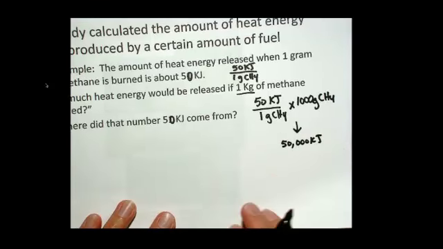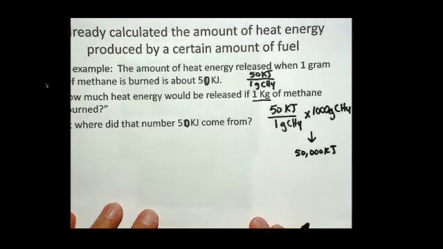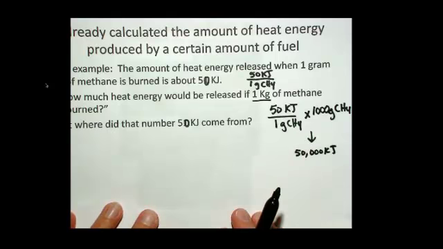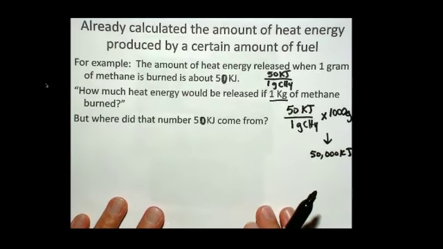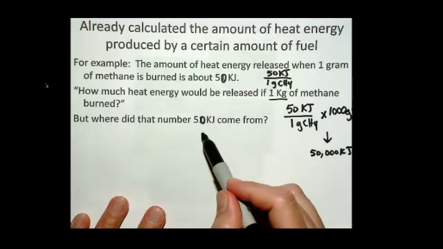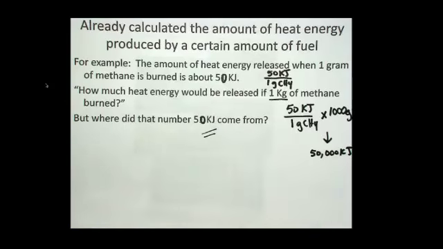Okay, so we have these little relationships. We can do these simple little mathematical manipulations to predict the amount of heat energy given off given a certain amount of fuel. But you should be asking yourself at this point, where did that number 50 kilojoules come from? How did we know that 50 kilojoules of heat energy were given off when you burned that 1 gram of methane?